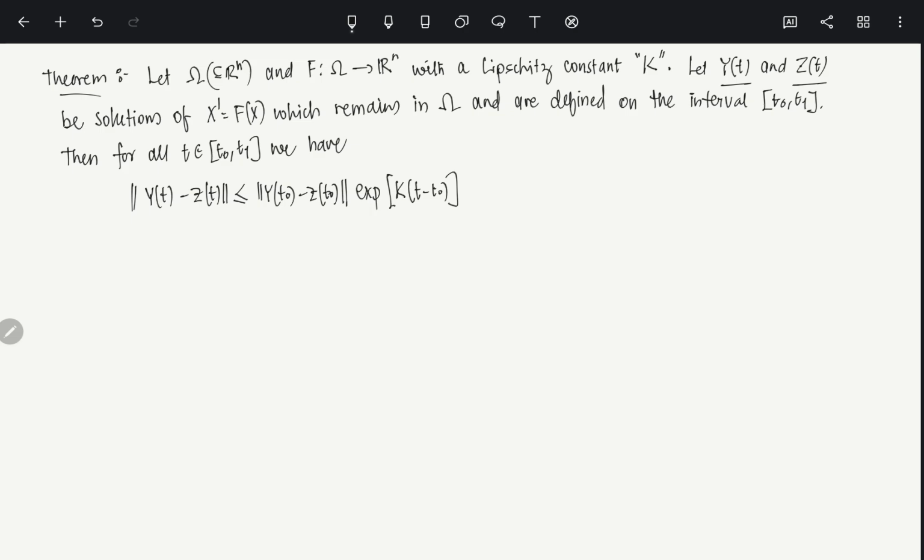Again, let me put it this way in case you forget. If the solutions, what are the solutions? y(t) and z(t).